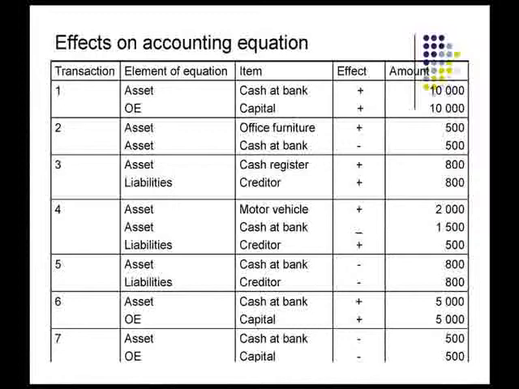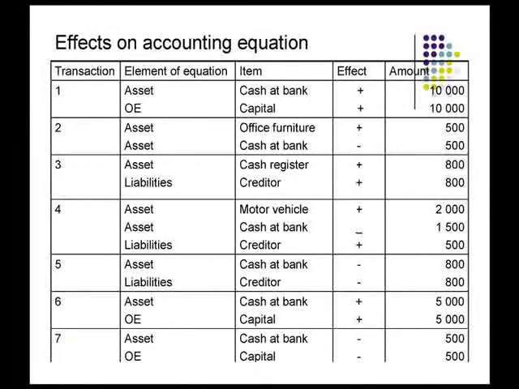Then cash at bank minus 800 and creditor also minus 800. Creditor is represented by liabilities or liabilities are represented by the creditor. Asset in this case is represented by cash at bank.